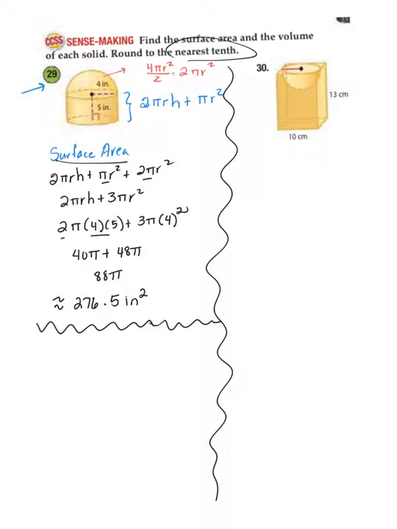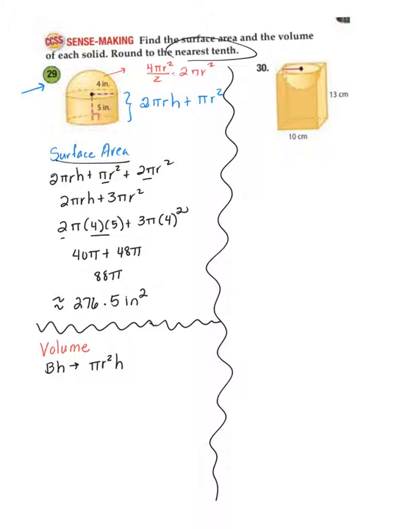Okay. Now it also asks for the volume of that exact same solid. So to find the volume of the lower piece, what we need to do is find the volume of the cylinder. And the volume of a cylinder is always the area of the base times the height, but the base is a circle. So my area of a circle is pi r squared times h.